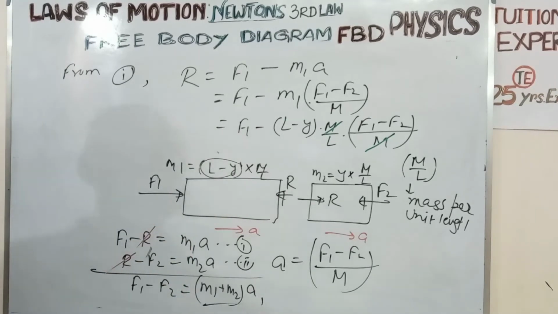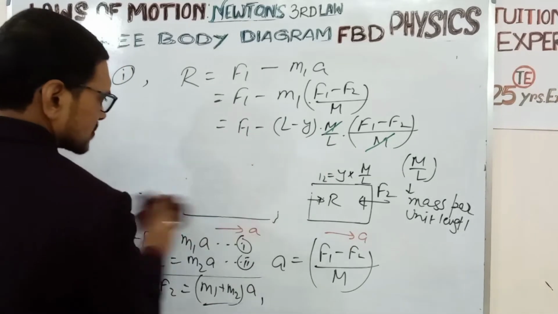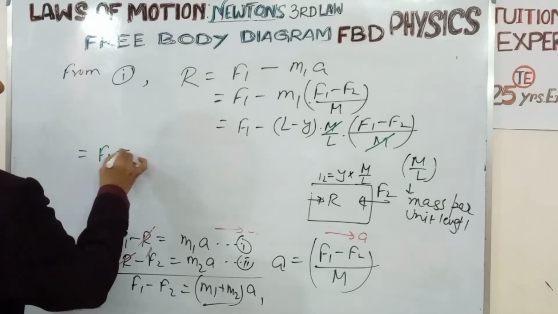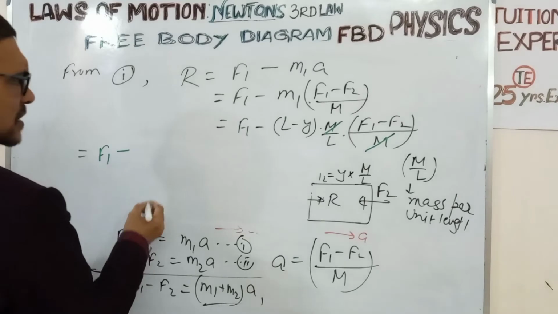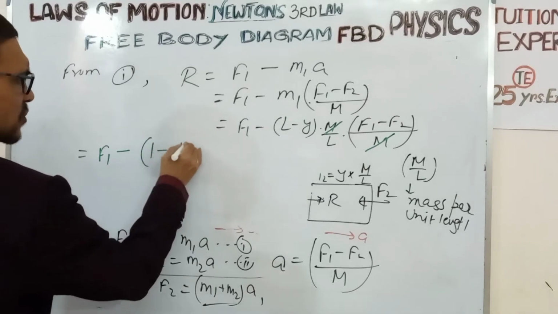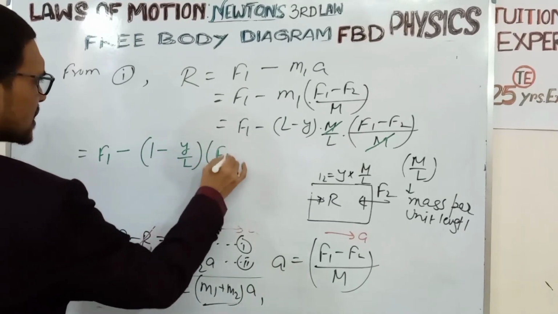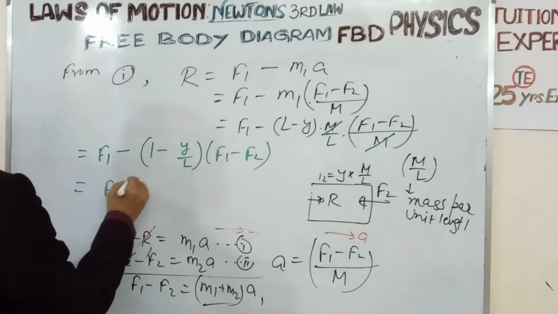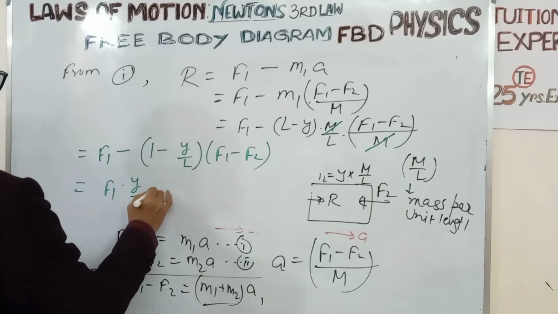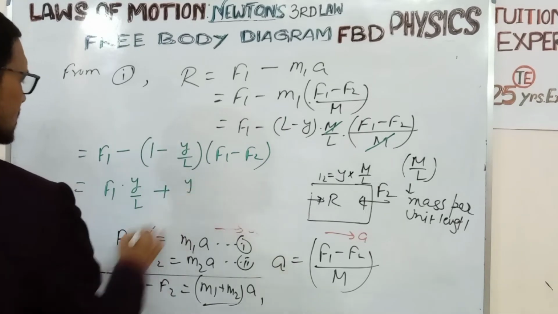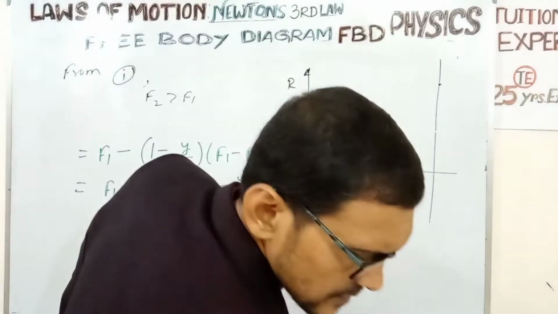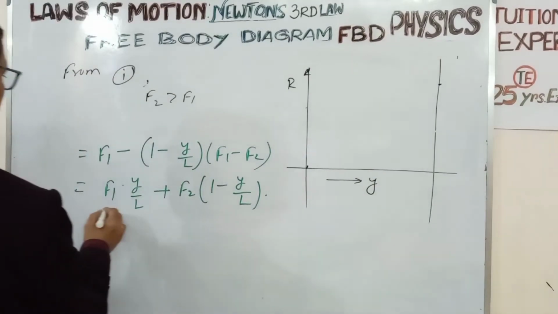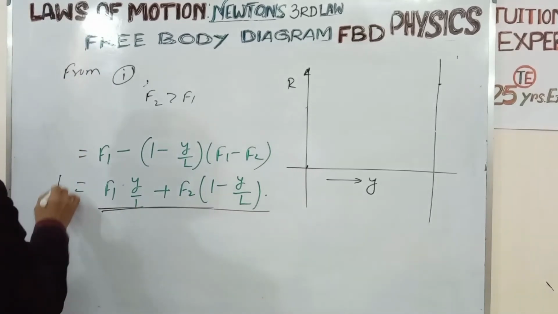Now this is F1 minus (1 minus y by L) into F1 minus F2. So we can write F1 into 1 minus y by L plus y by L, F1 into 1 minus y by L. Now this is the result for the reaction.